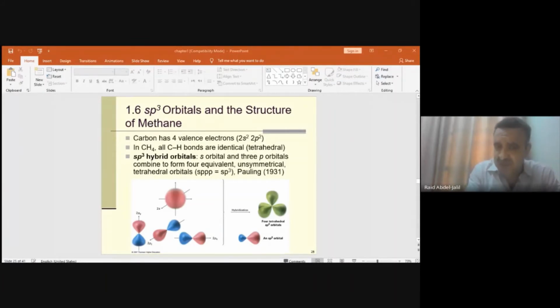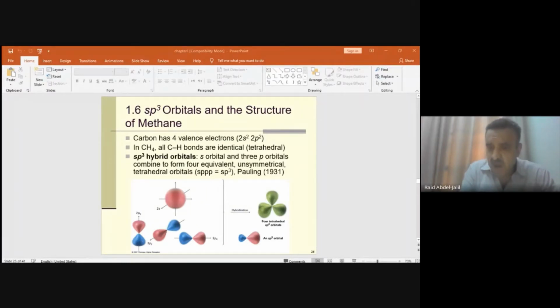Therefore, the first step: 1 electron of the 2s must transfer to 1 orbital of the 2p. In this case, we will have a half-filled orbital of the 2s and 3 half-filled orbitals of the 2p. And thus, we have carbon ready to make 4 bonds. You follow me, guys? So far? Perfect.